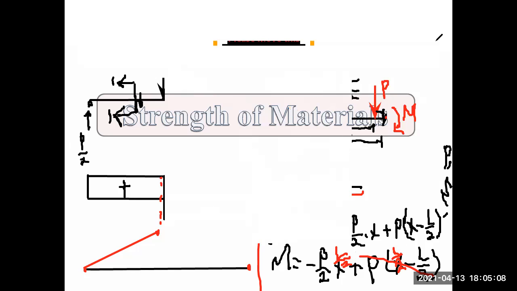When X is equal to L over 2, I just plug in L over 2 instead of X. So this term would go to 0, and this would be equal to L over 2 times P over 2, negative. There's something wrong with the equation then. Just check what's going on.